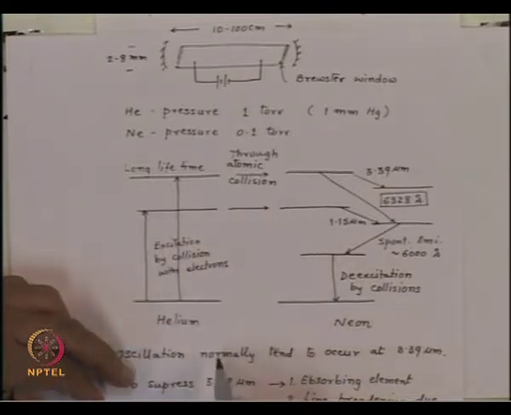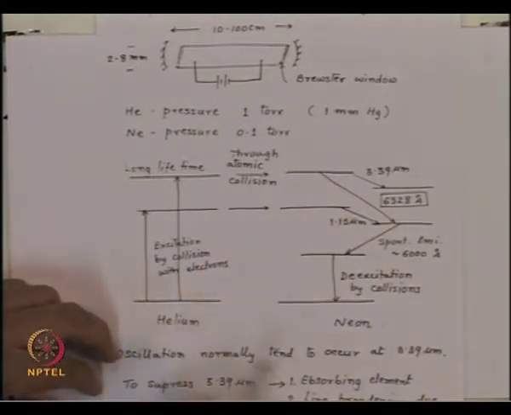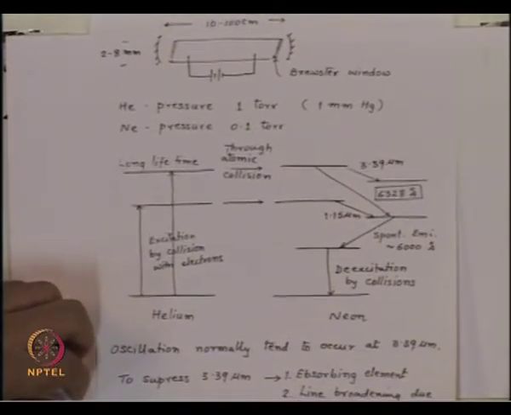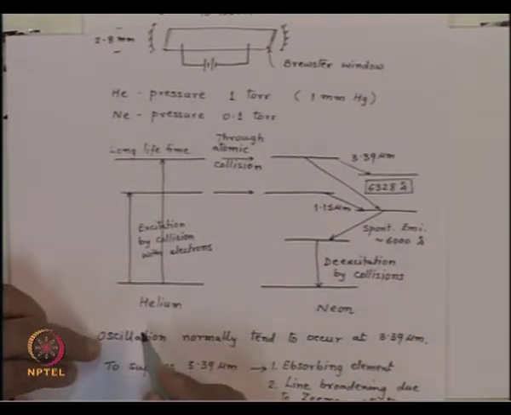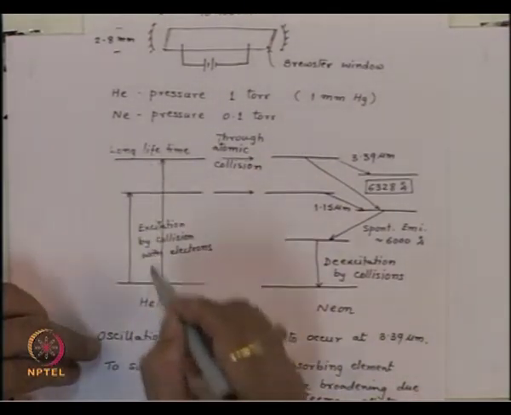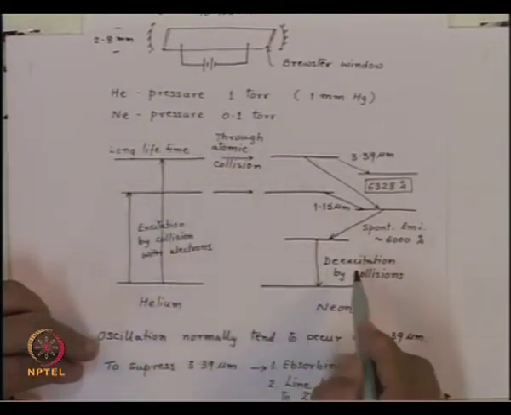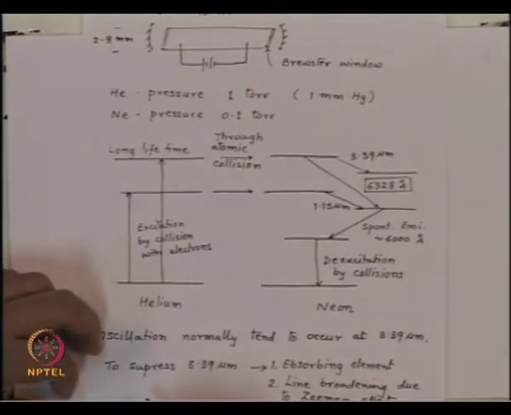So, in that process essentially the neon atoms are excited to the higher energy level. So, the population inversion process in this case is two step. First you have excitation of the helium atoms, and then by collision of the helium atoms with the neon you get excitation of the neon atoms.